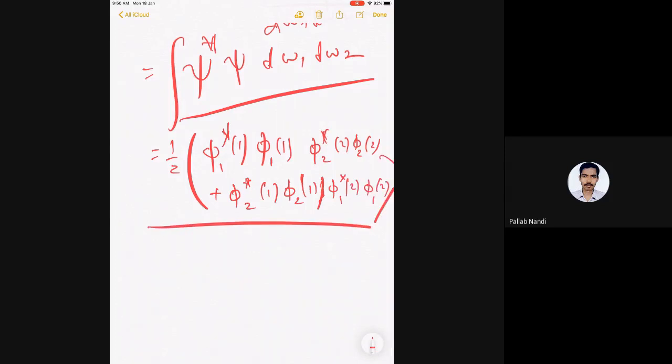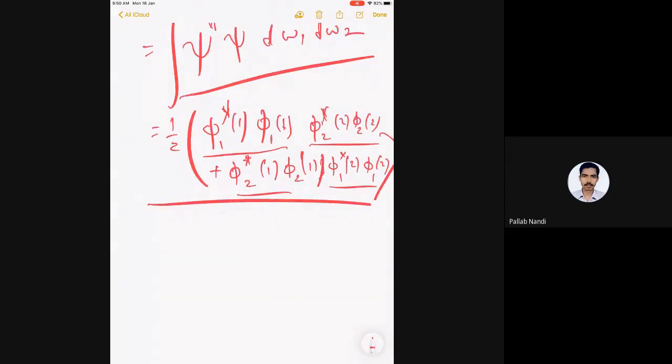So you can see my P of R1 R2 is very simple. The density of phi 1, the density of phi 2 multiplied twice. Because once electron 1 can be in phi 1, another time electron 2 can be in phi 1, and vice versa. With the half factor, of course, it will become mod phi 1 square into mod phi 2 square, 1 and 2.